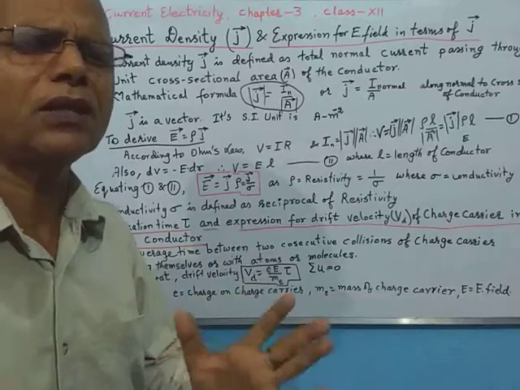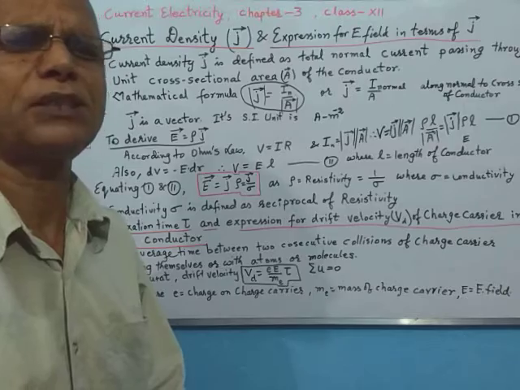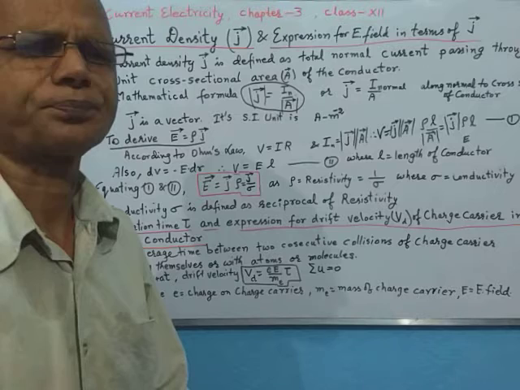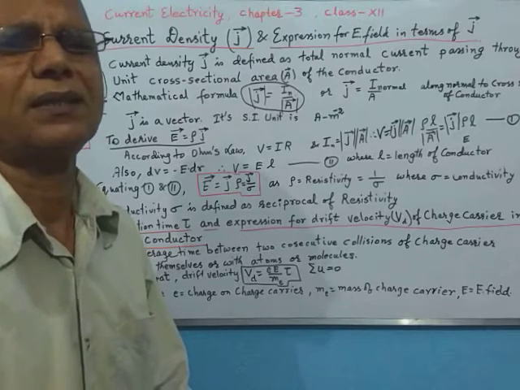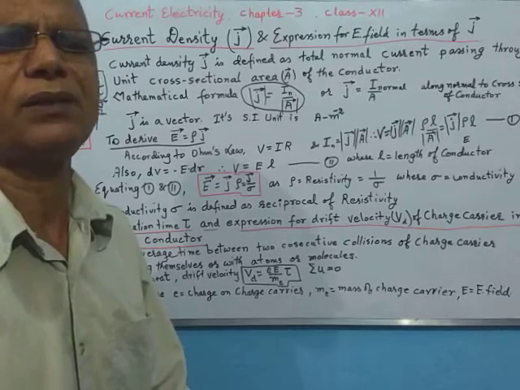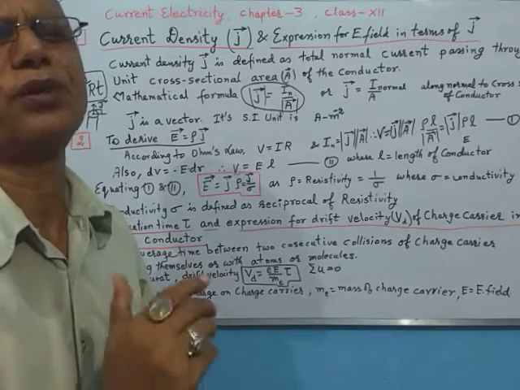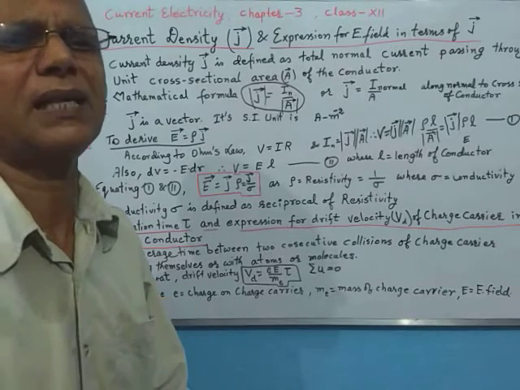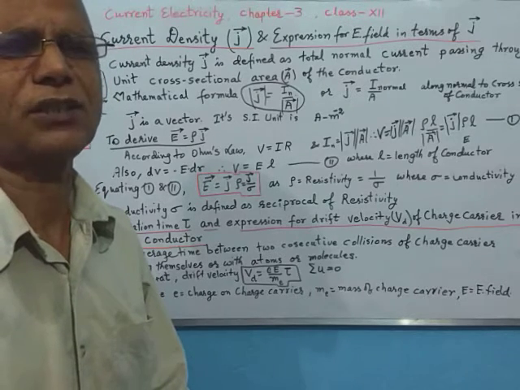But if we talk about a different situation, whenever charge flows through a conductor, what happens? It produces some magnetic field around it, and that magnetic field depends upon the direction in which the charge is flowing through the conductor. The magnitude also depends on the position of the point where we are going to find the magnetic field produced due to flow of charge. So the direction of flow of charge plays an important role while we are discussing the magnetic effects of electric current.